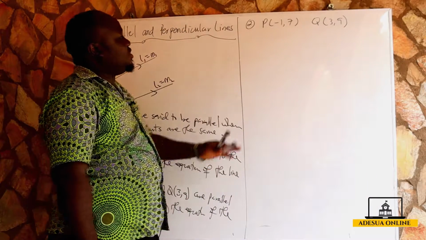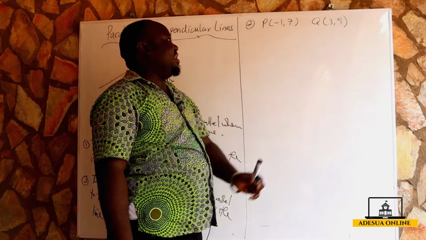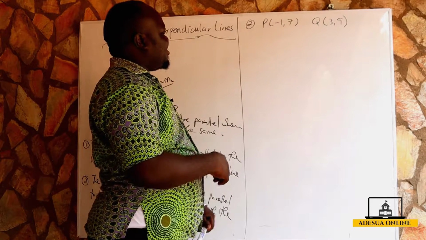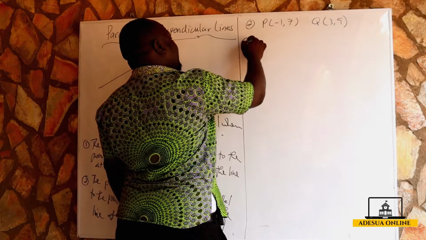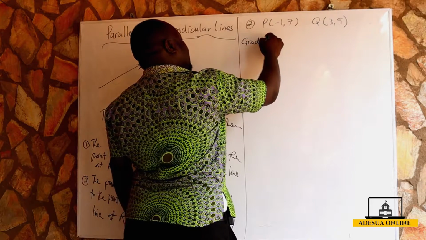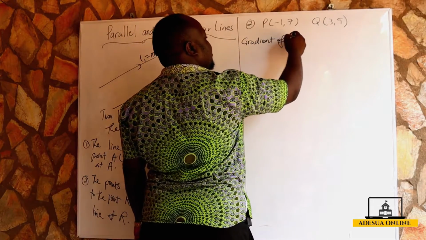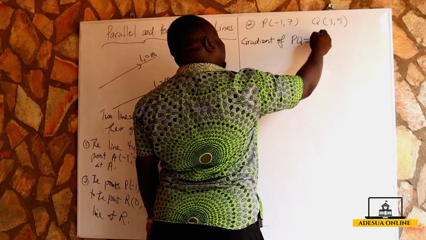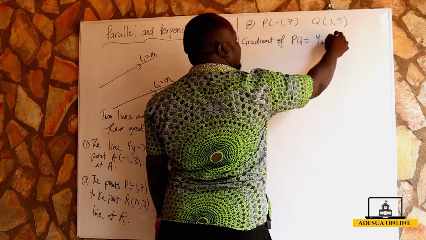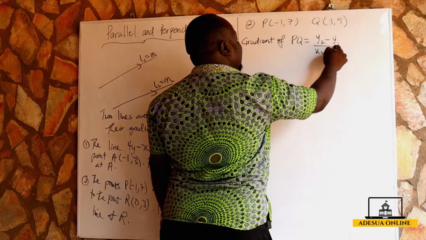So the first thing we are going to do is get the gradient of these 2 points. Earlier on, we learned that the gradient of PQ is given by y2 minus y1 over x2 minus x1.